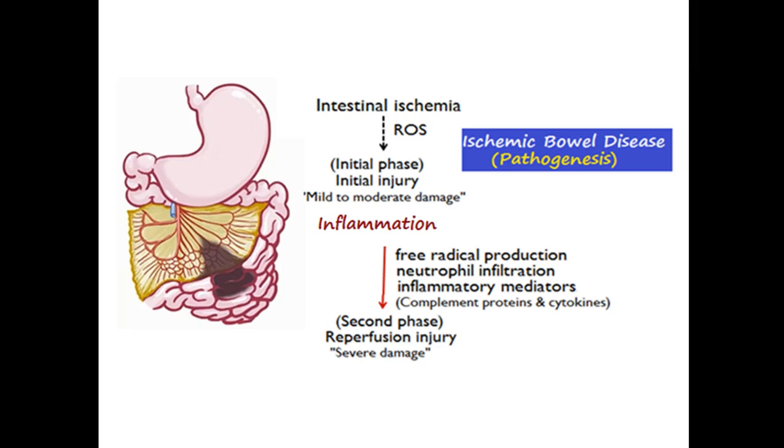During the inflammatory process, free radical production, infiltration by inflammatory cells that release inflammatory mediators, and activation of the complement proteins and various cytokines will cause serious and severe injury in the second phase, the reperfusion injury. So the initial injury is not so severe, but it is the reperfusion injury which may cause severe and serious damage to the intestines.